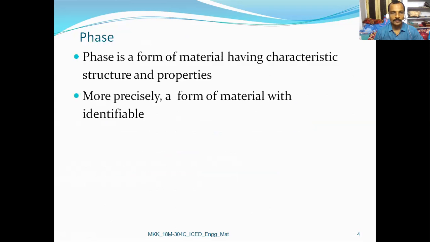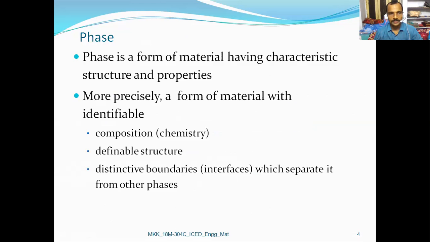And we have discussed some of the properties of a phase, like characteristic structure and properties, and it is a form of material with identifiable composition, nothing but the chemistry, definable structure, and distinctive boundaries.